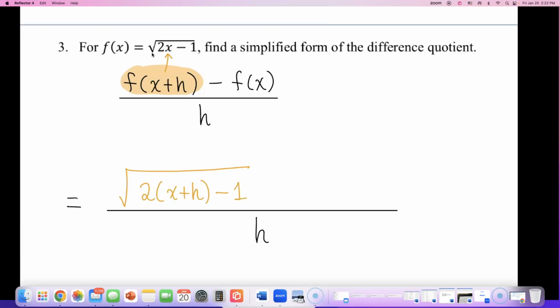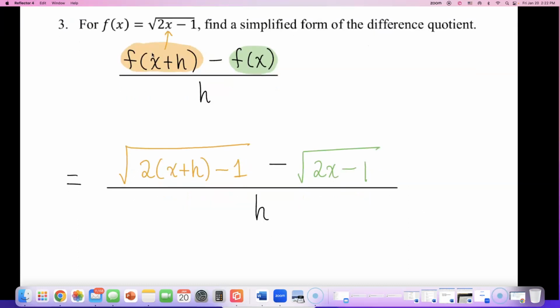Okay? Minus, now I'm going to subtract f of x from it. And f of x is simply square root of 2x minus 1.